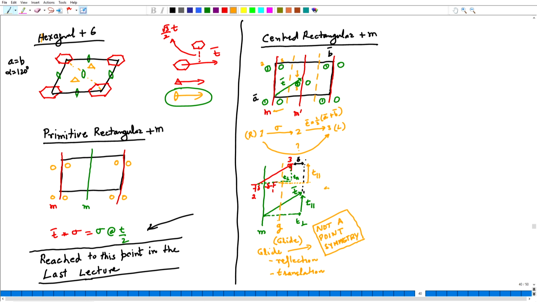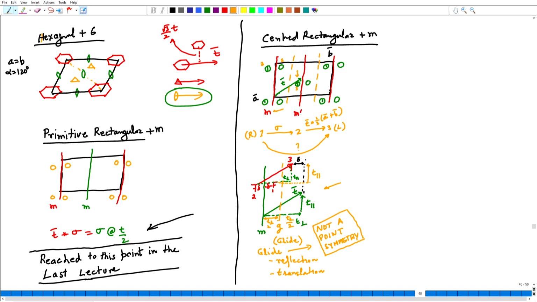Where have I put this glide? So, if we go back to this diagram, where is this glide located? Glide is located exactly at half the perpendicular translation, or the midpoint of the perpendicular translation component. So, basically what I am saying is that this is T perpendicular by 2, this is T perpendicular by 2.